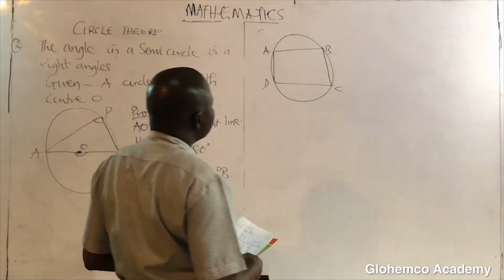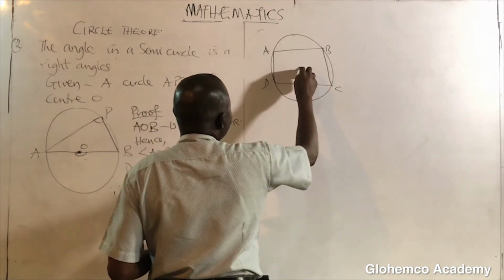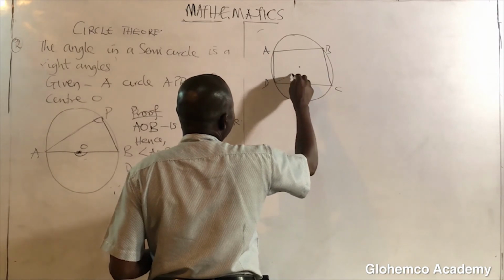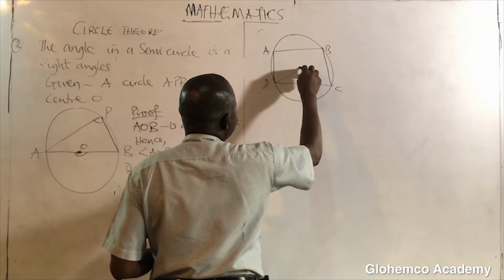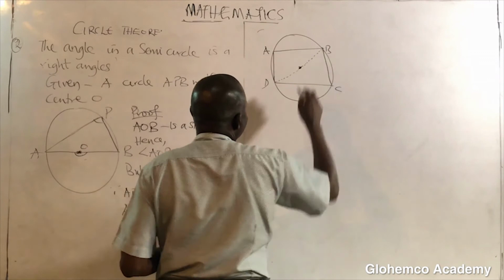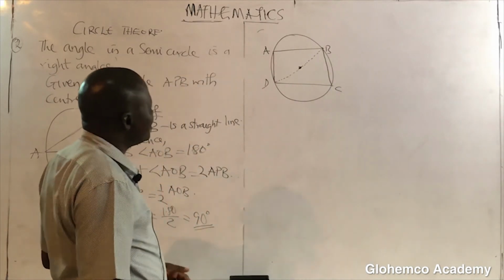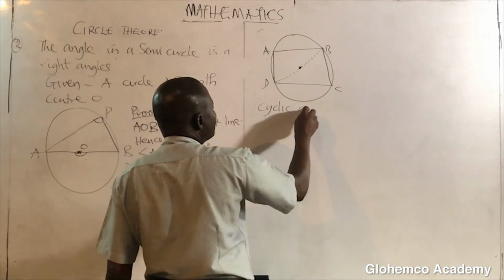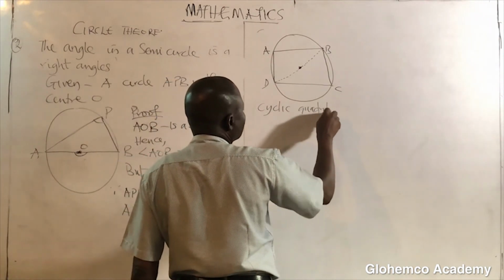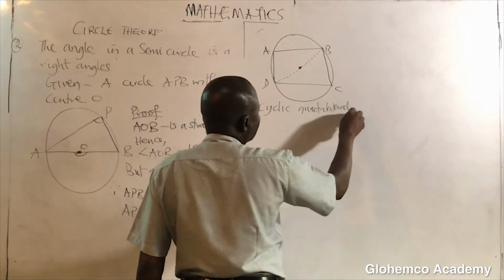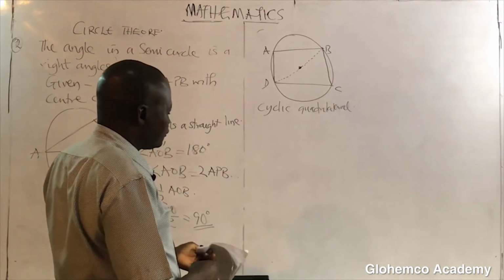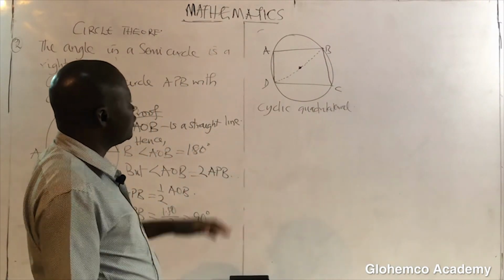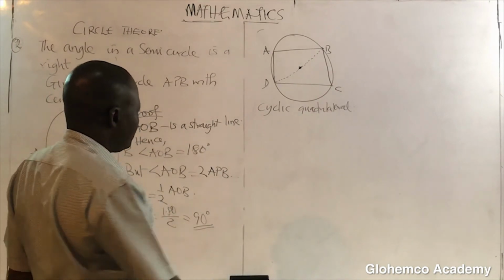So there should be a center. If you join this one to this place, this is the center. So this is a cyclic quadrilateral.